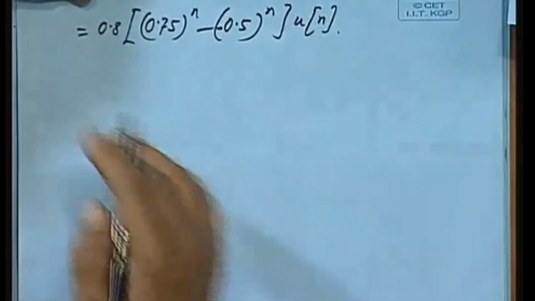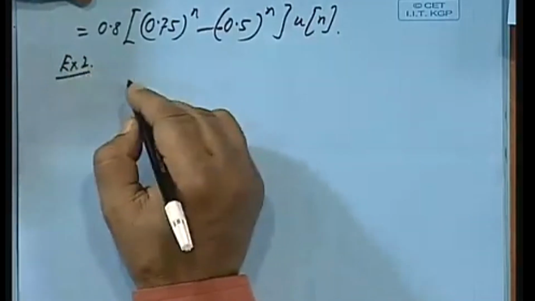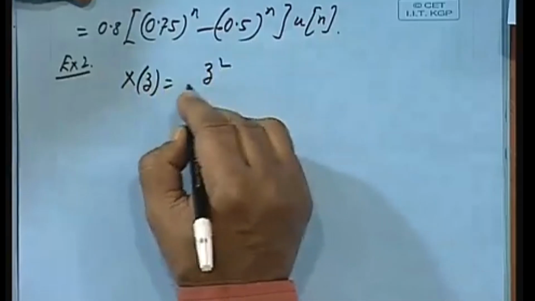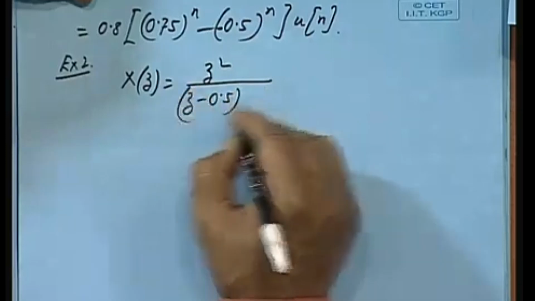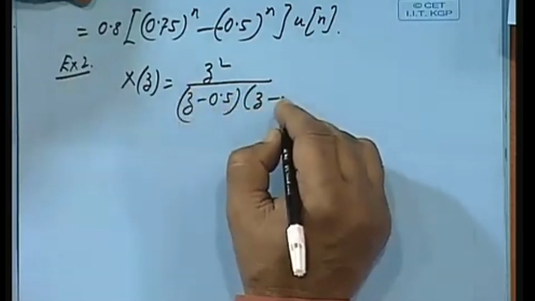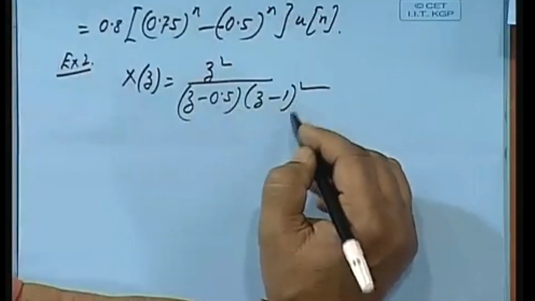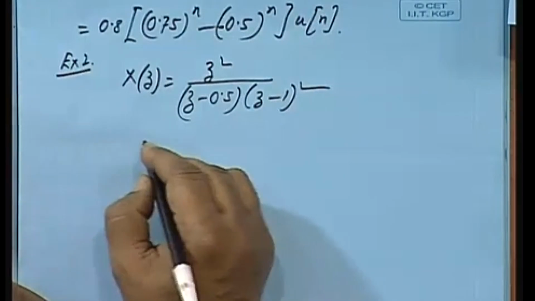Let us take another example with multiple roots. X(z) equal to z squared by (z minus 0.5) into (z minus 1) whole squared. So, you have to differentiate and then find out the residue.